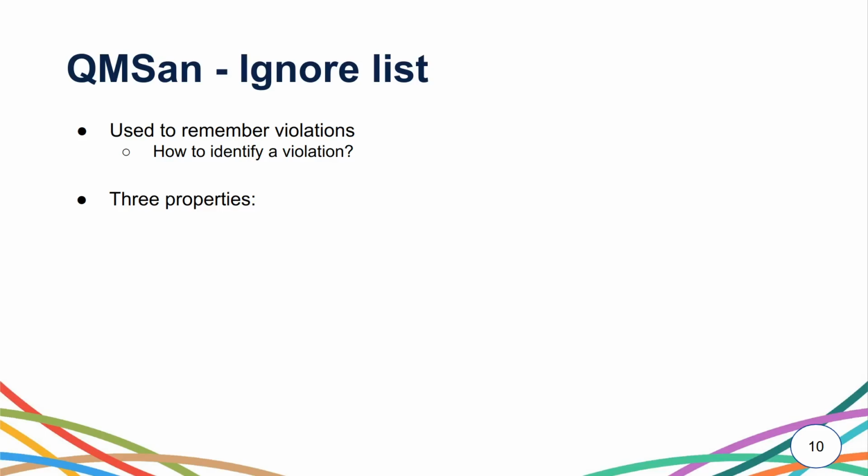QMSan uses three properties to identify violations. The first one is the instruction, the address of the instruction that triggered the violation. This by itself is able to uniquely identify the instruction, but the same instruction that can load uninitialized memory may sometimes result in a use of uninitialized memory, while other times not doing that, depending on the context.